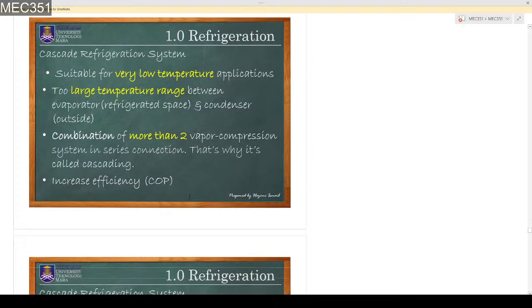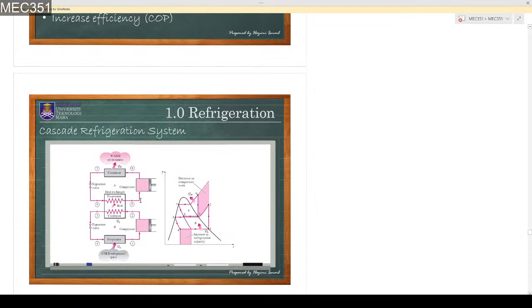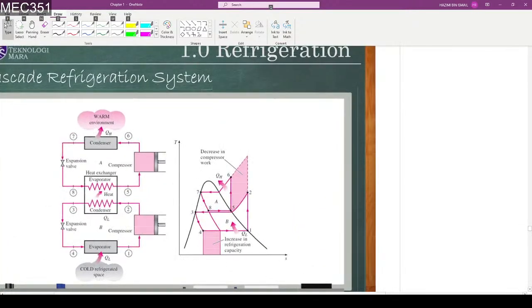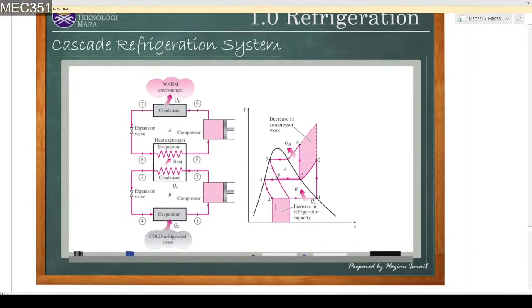It is basically adding one ideal refrigeration cycle to another ideal refrigeration cycle. So we have a cascade system here. An example of a cascade system consisting of 2 vapor compression cycles is shown in this figure.